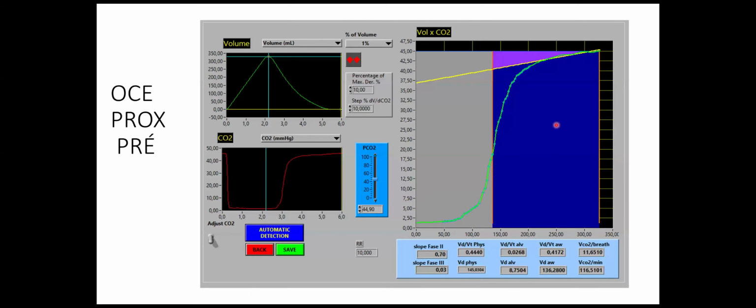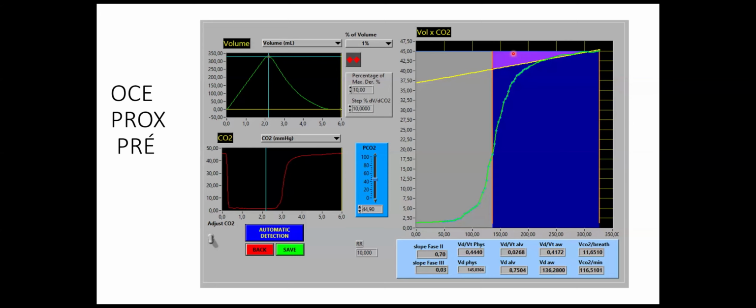And when you analyze the volumetric capnography, this is the airway dead space, and the alveolar dead space is this purple area. The blue represents the volume of the exhaled tidal volume that carries CO2.